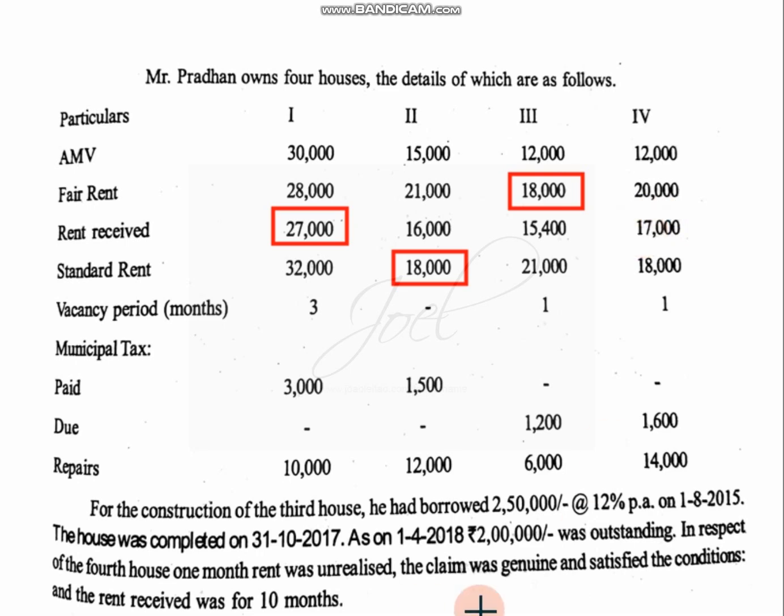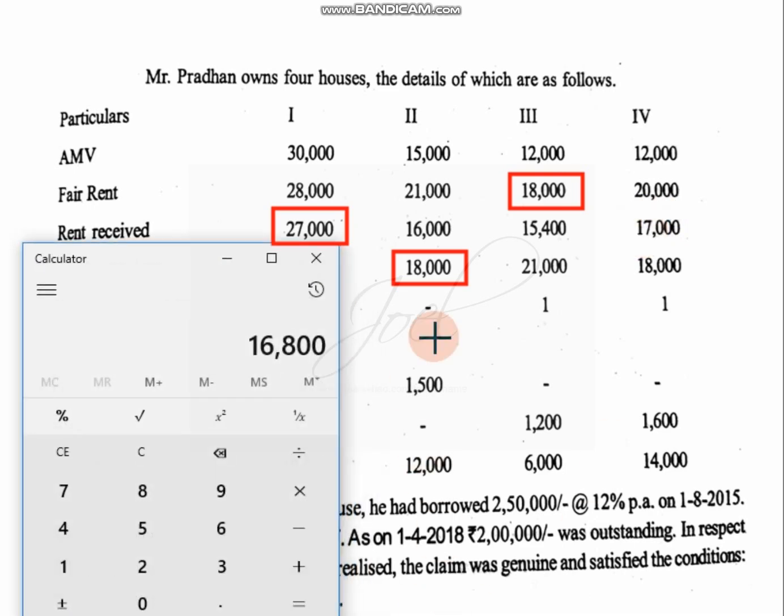So my calculation will be 17,000 divided by 10, that means 1,700.